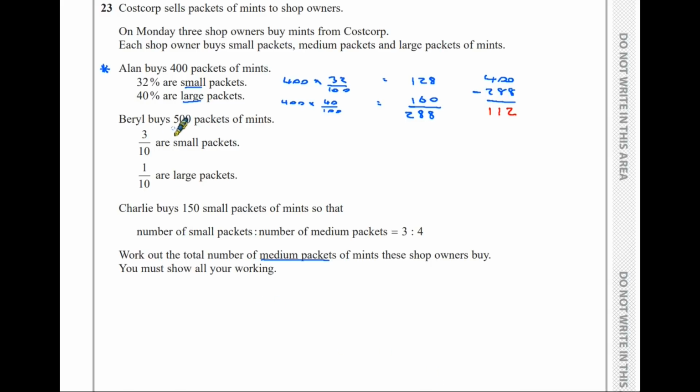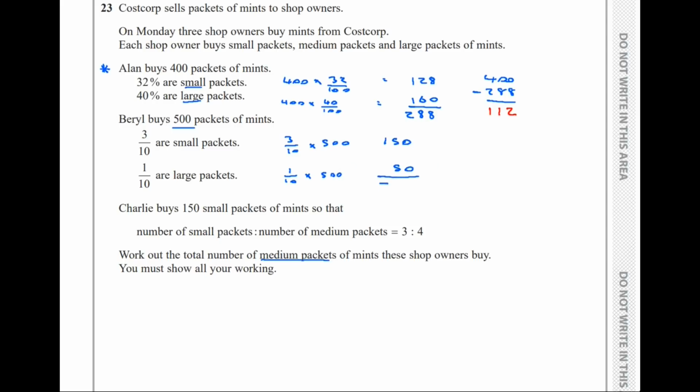Beryl is buying 500 packs. 3/10 are small, so that's 3 over 10 times 500, and that works out at 150 small packs. 1/10 are large packets, so that's 1/10 times 500, and that's 50 packs.